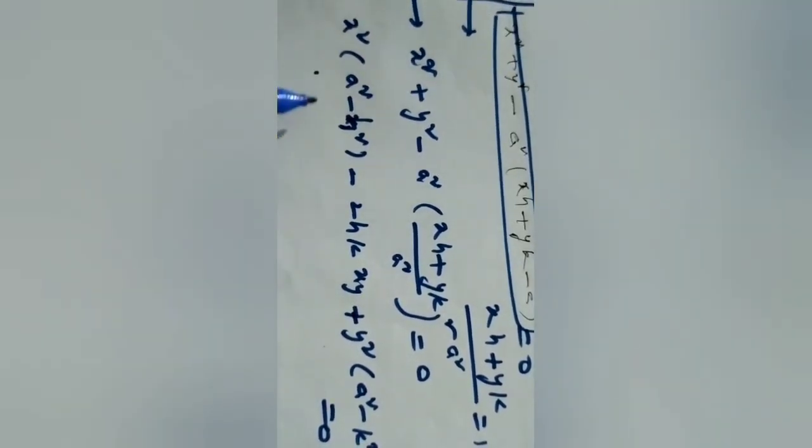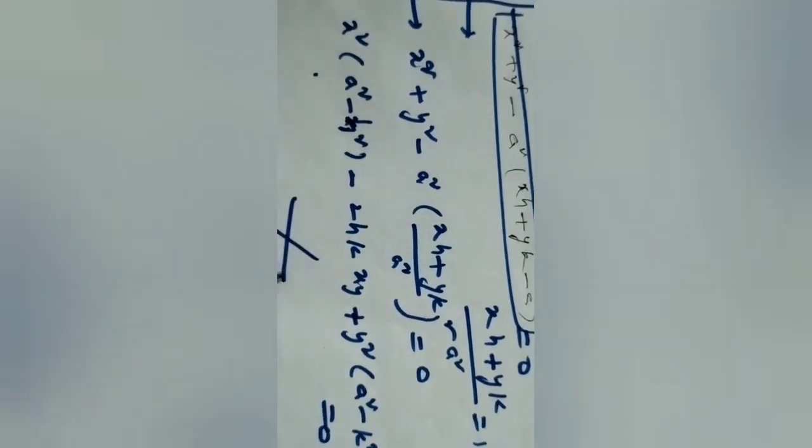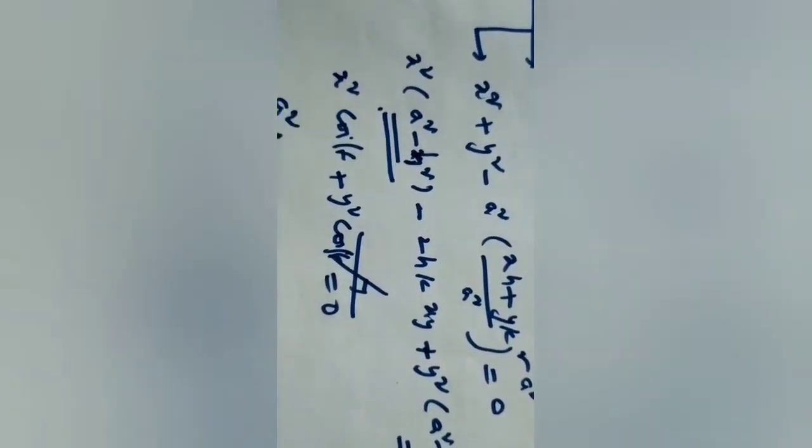Here, whenever we have a pair of lines that are perpendicular to each other, we have the result that x square coefficient plus y square coefficient is equal to 0. So what about the x square coefficient? a square minus h square, plus the y square coefficient, a square minus k square, is equal to 0.